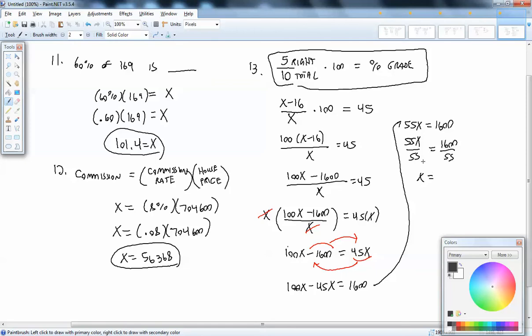That's not comforting. Actually, I came up with 29.09, which if I round like normal would be 29 problems. Let's see if that even seems feasible.